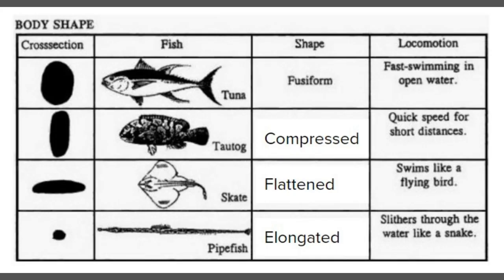As you probably know, fish come in all shapes and sizes. They have four main body types, which you can see here. There are a few more, if I'm remembering correctly, but these are the four main types. The most common type is the fusiform.